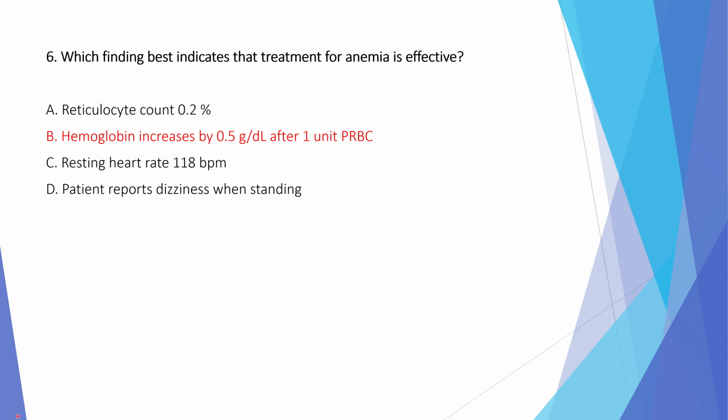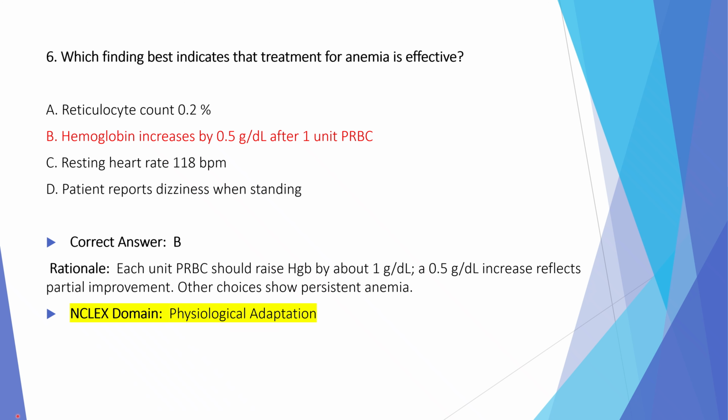So hemoglobin increases, that's the best indicator that the treatment was effective, because that is what you want to do for the anemia. Each unit should raise hemoglobin by about 1 gram per deciliter, so a 0.5 increase reflects partial improvement.